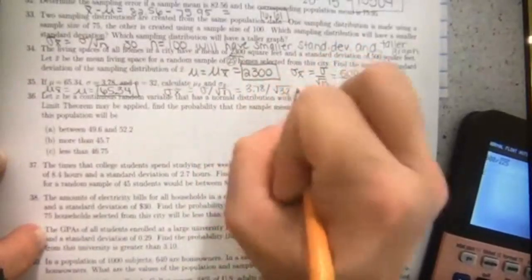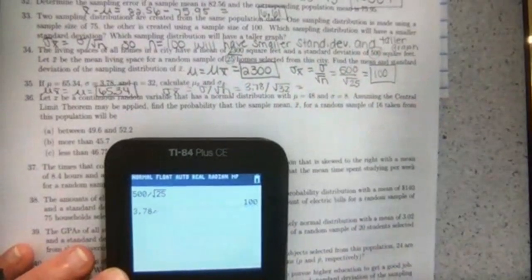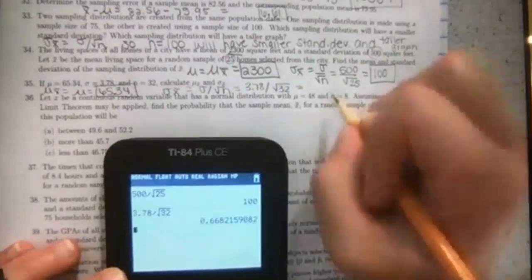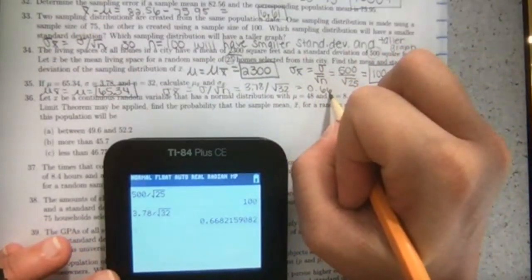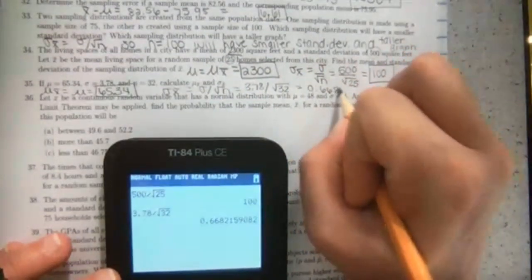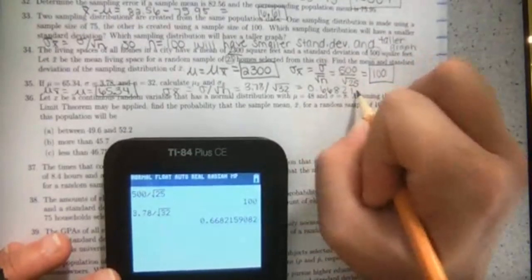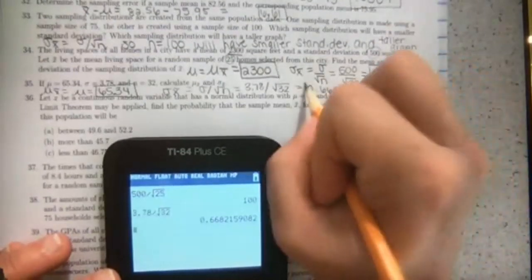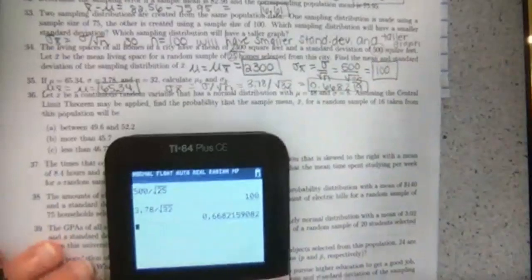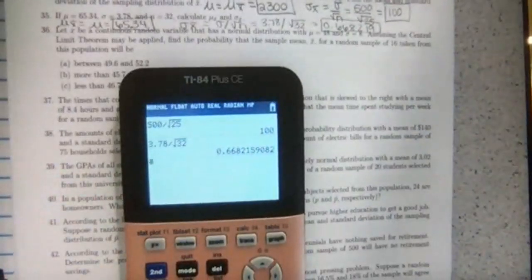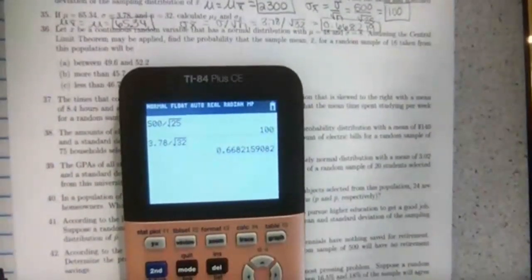So 3.78 divided by the square root of 32, which gives us 0.668219. That's just how they rounded it.